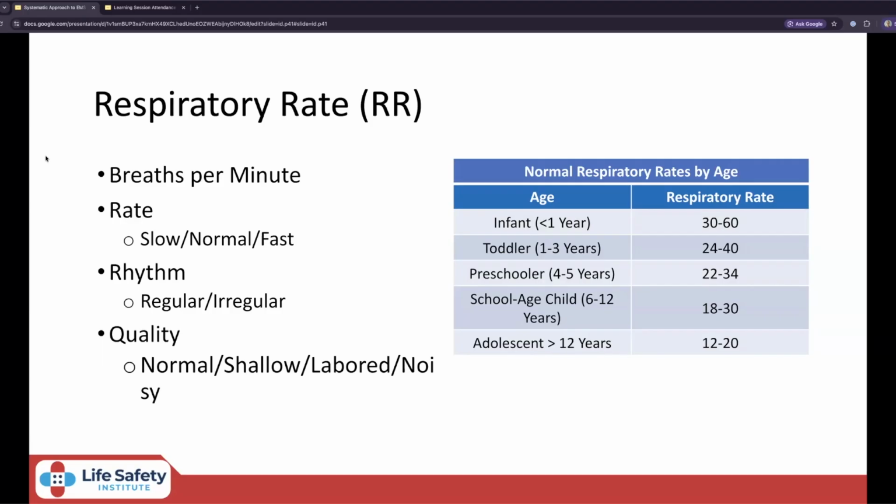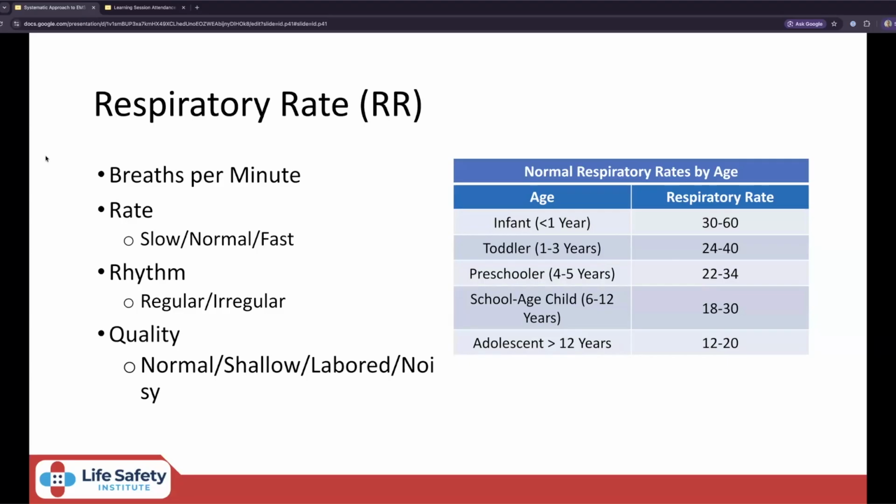Another thing you could do, which gives you a pretty low resolution number, is count for 6 seconds and then just add a zero. That's how many times in a minute.